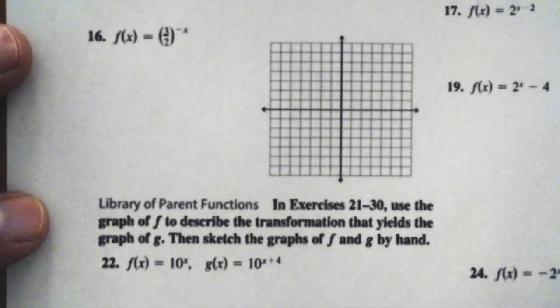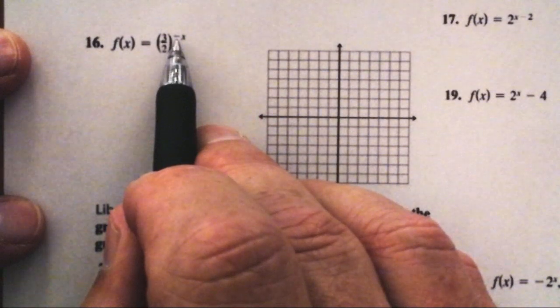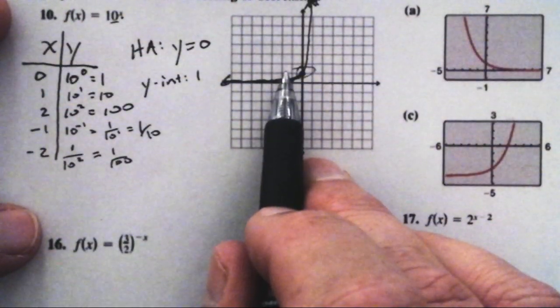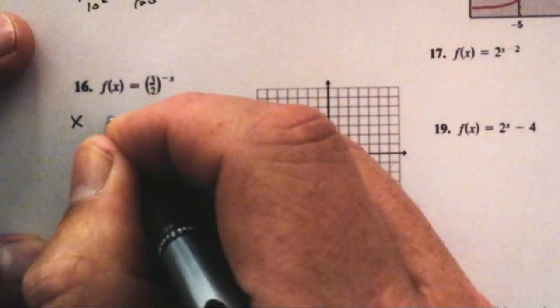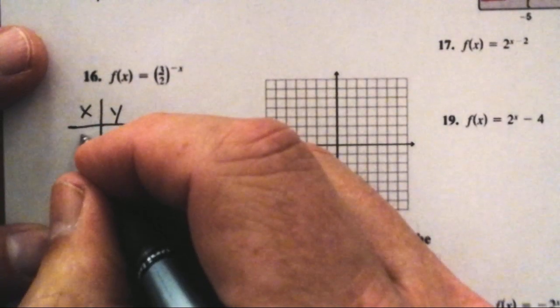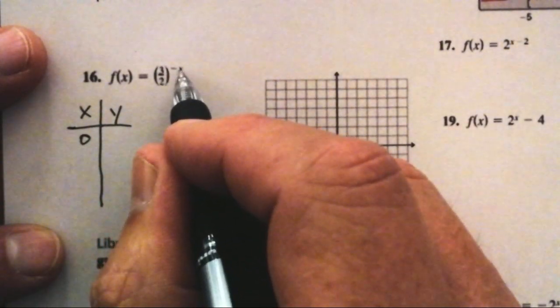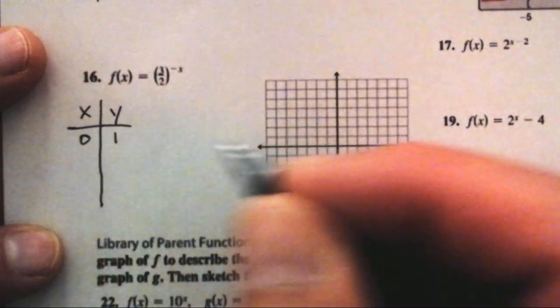So we might expect some things to be a little different here. Like obviously we don't have a base 10, but maybe our graph's going to look sort of like that graph, and it's backwards, and we're just not dealing with as big of numbers. But I'm still going to just t-chart this for now and say if x is 0, then I get 3/2 to the -0, which is 3/2 to the 0, or 1.